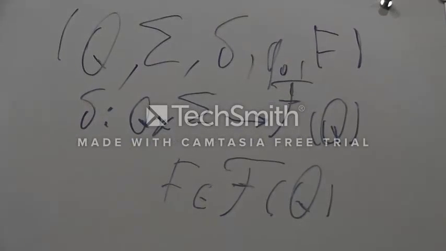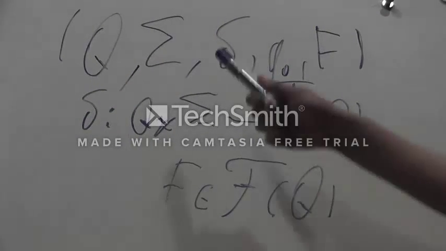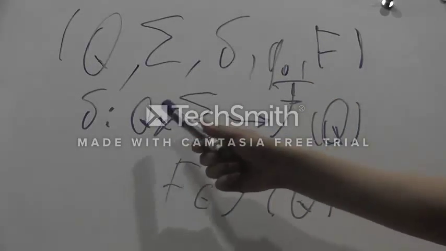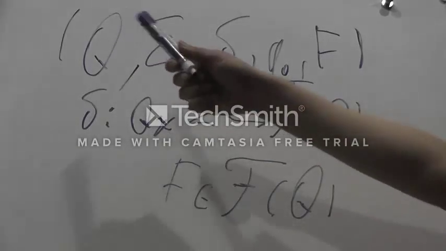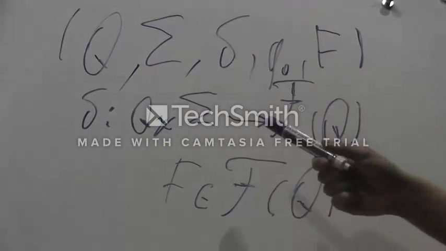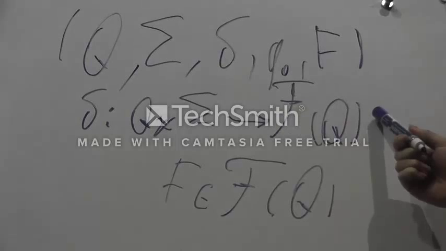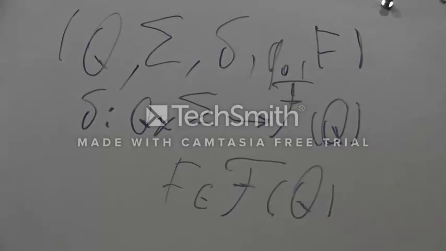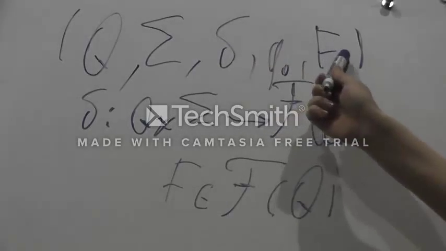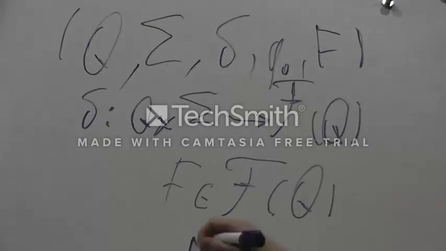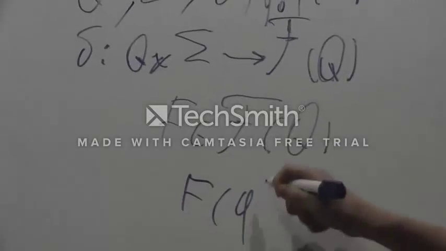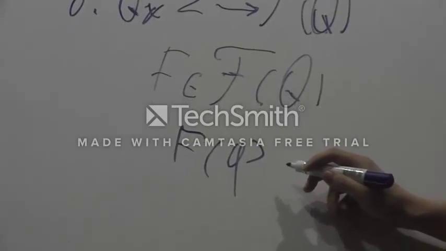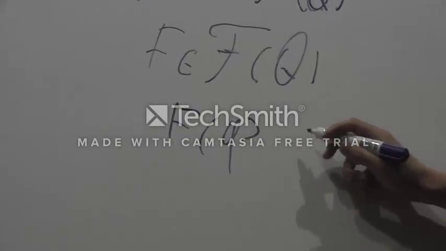The main difference from a usual finite state automata is the transition function, which maps the product of the set of states and an element of the input alphabet to some possibility distribution on this set of states. And the fuzzy set of final states denotes, for each state, the possibility degree to which Q is a final state.